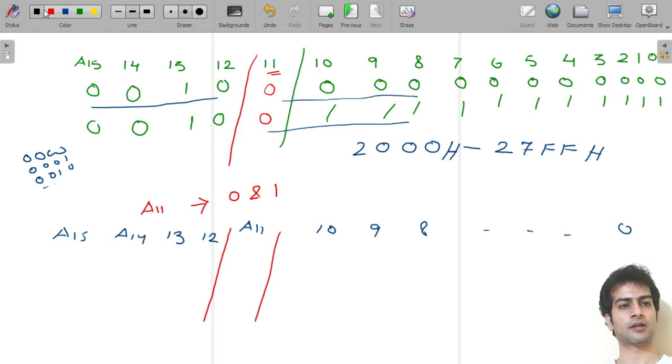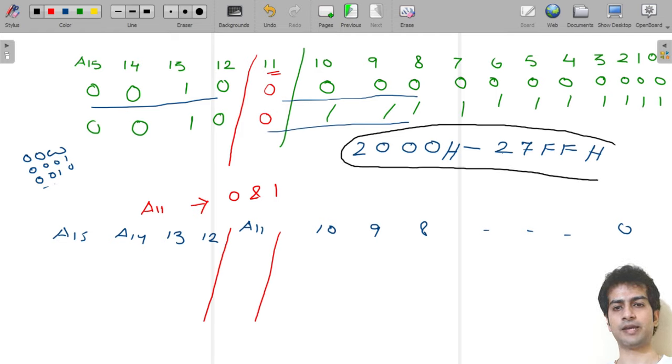This will be the range when A11 has taken the value 0.